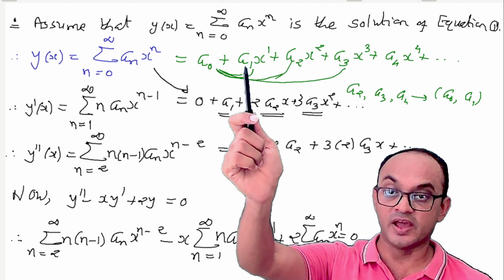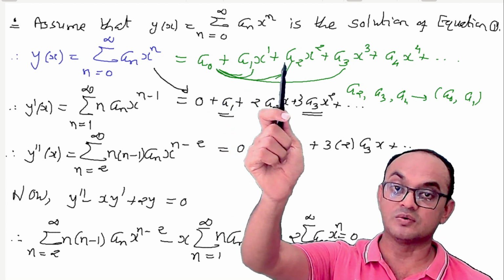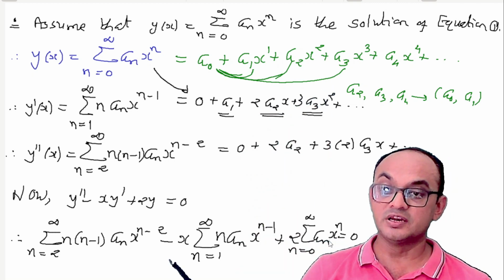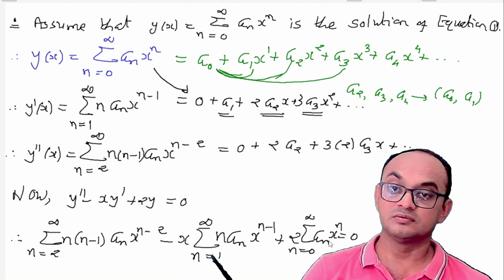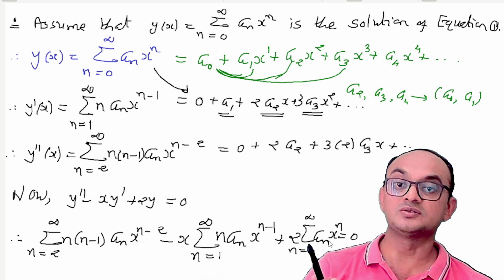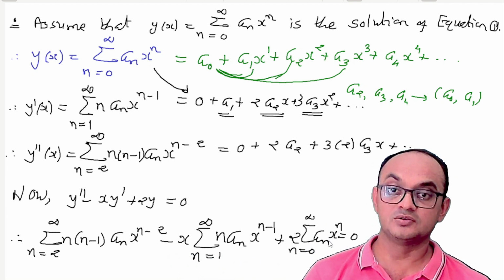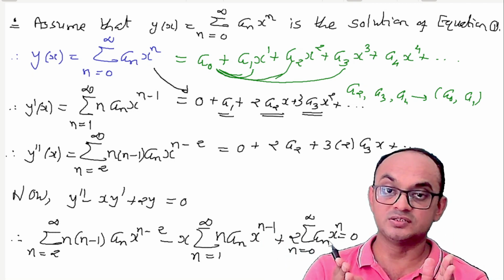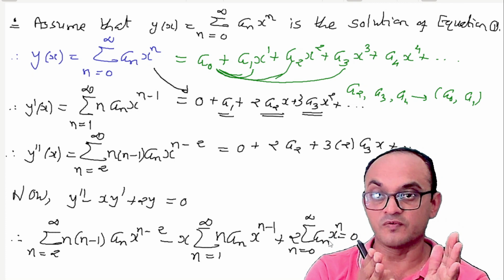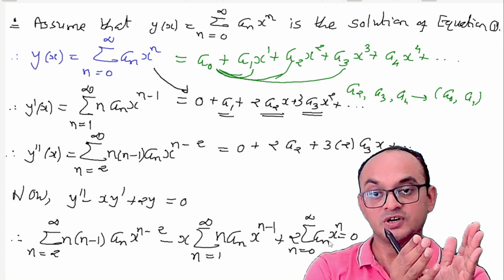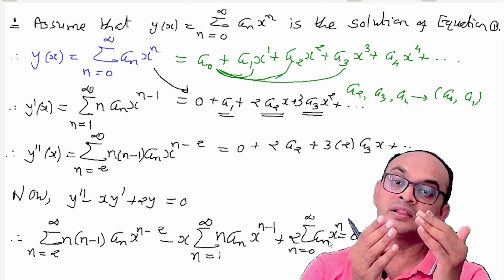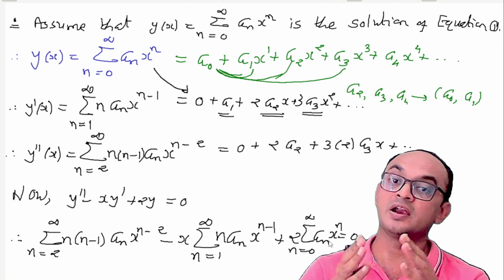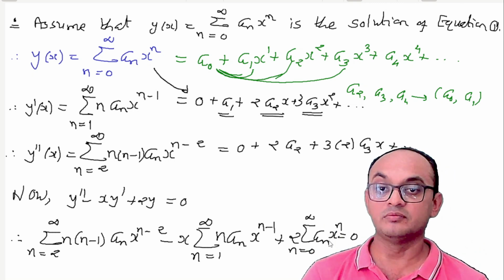A1 is the coefficient of x, A2 is the coefficient of x square, A3 is the coefficient of x cube, and in this relation also, these are the coefficients of x raised to n. So now from this relation, we compare the coefficients, constant coefficient, coefficient of x square, coefficient of x cube, right? And then we find out the relation. So how do we compare the coefficients and how do we proceed? That I am discussing.